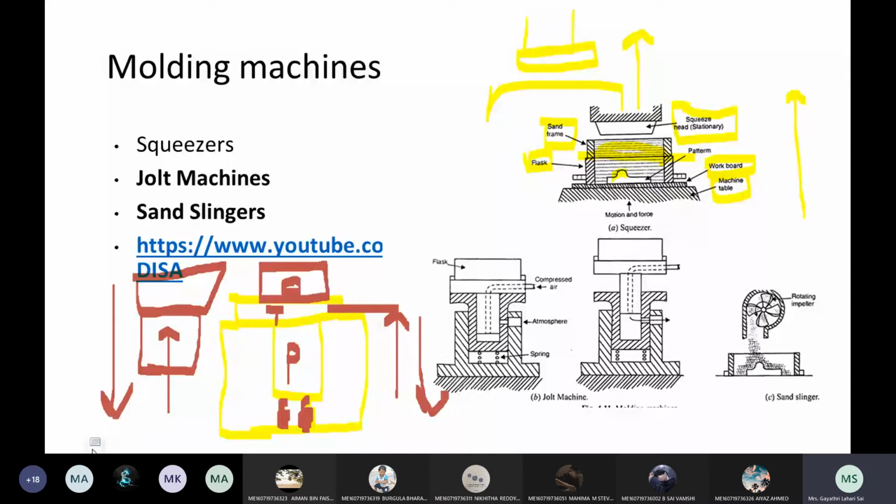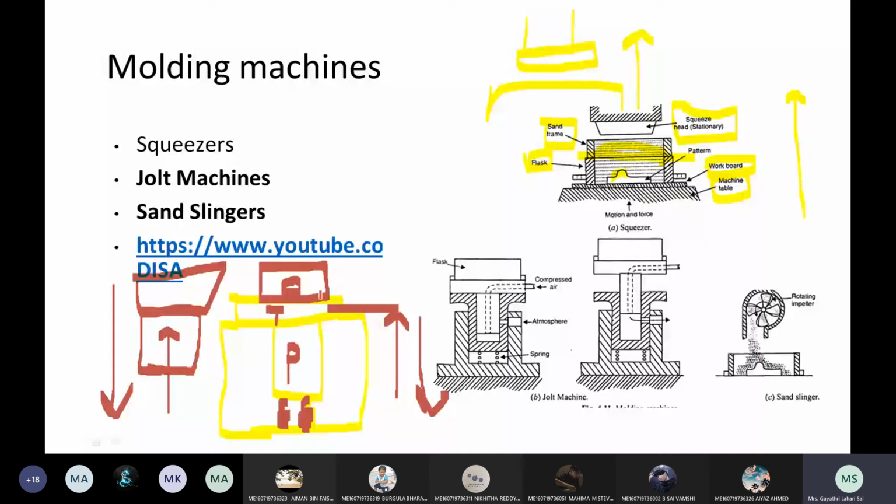Because of this, shock waves will be generated, and because of the successive impact up and down, the ramming of the molding sand, whatever sand is poured inside this flask, will be uniformly distributed.